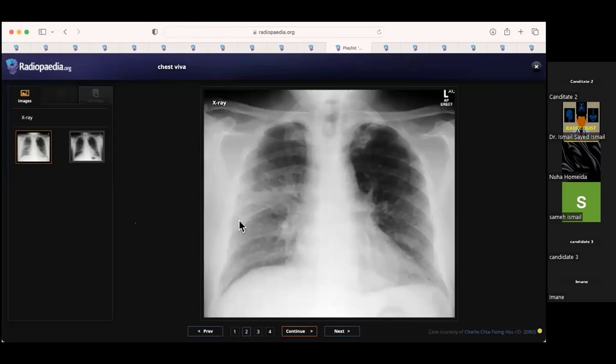So this is an elderly patient who presented with shortness of breath. I'm presented with a frontal chest radiograph of an elderly patient with shortness of breath. There is a diffuse interstitial opacity, more at the lower zones bilaterally.